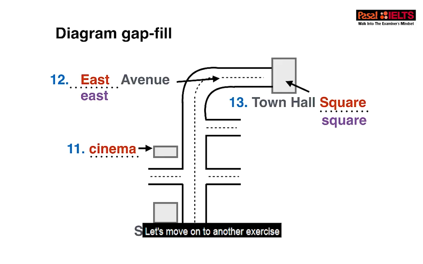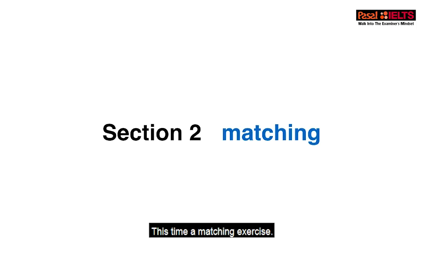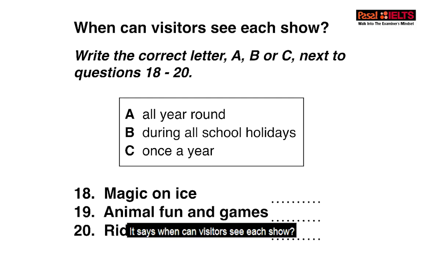Let's move on to another exercise from section 2, this time a matching exercise. Here's the exercise. It says, when can visitors see each show? Write the correct letter A, B or C next to questions 18 to 20.